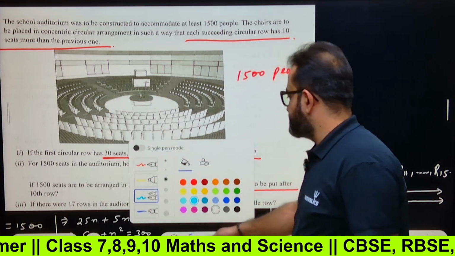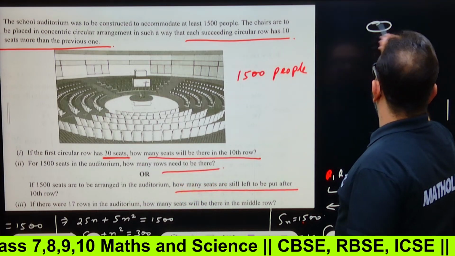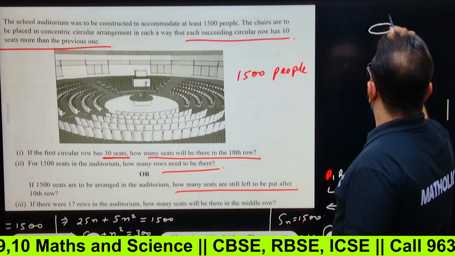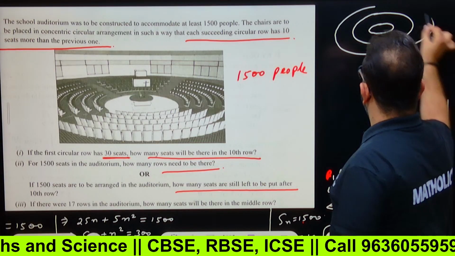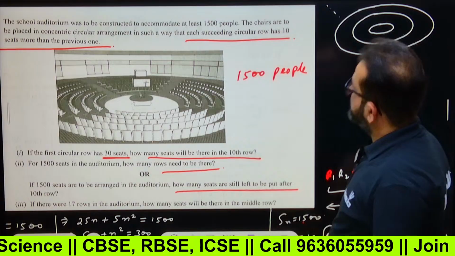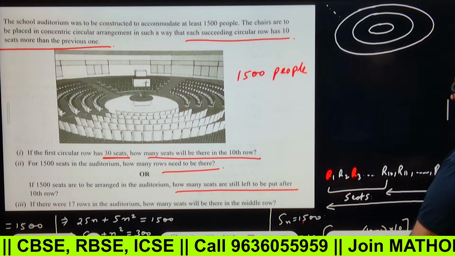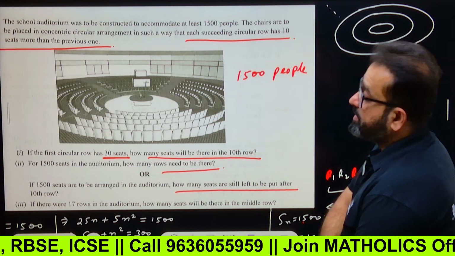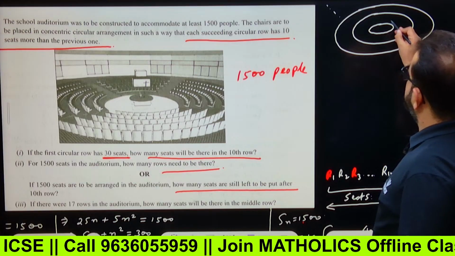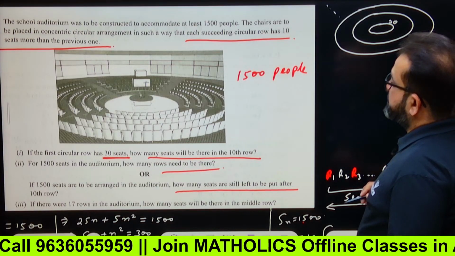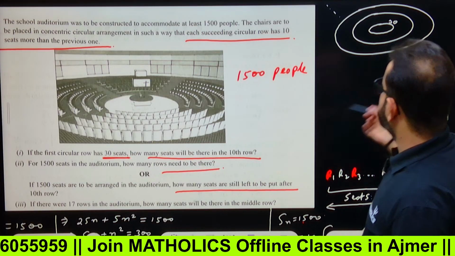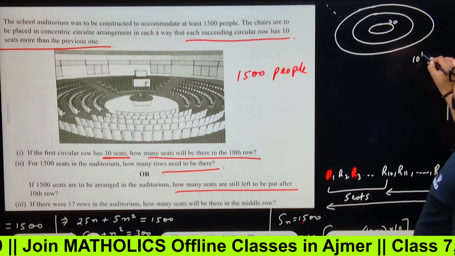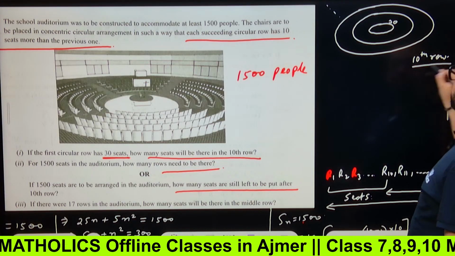It's like this, and so on. If the first circular row has 30 seats, how many seats will be there in the 10th row?